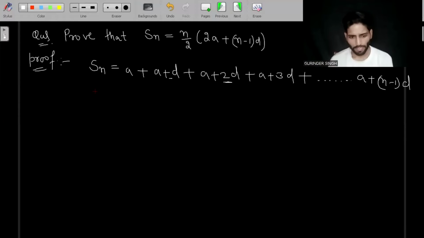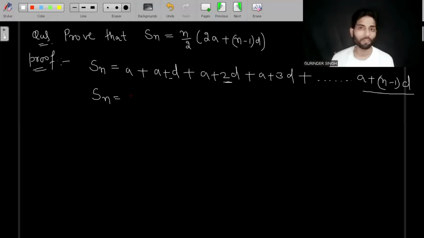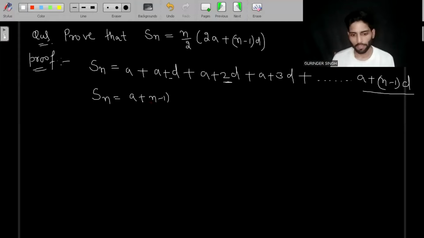So I can write Sn is equal to, flipping it, the last term is a plus n minus 1 into d. Now it will be the first term because I'm flipping the numbers, so this is a plus n minus 1 into d.